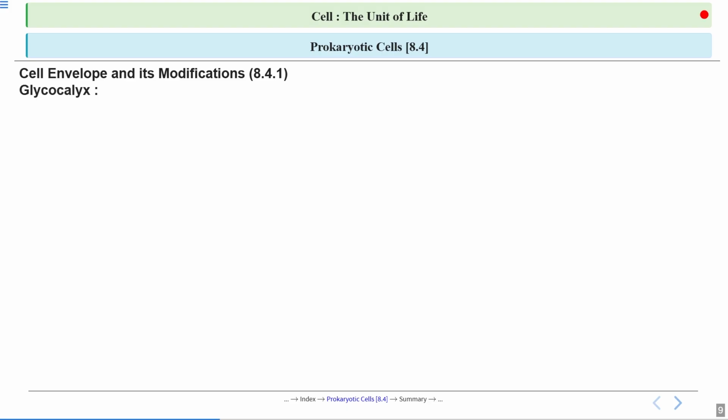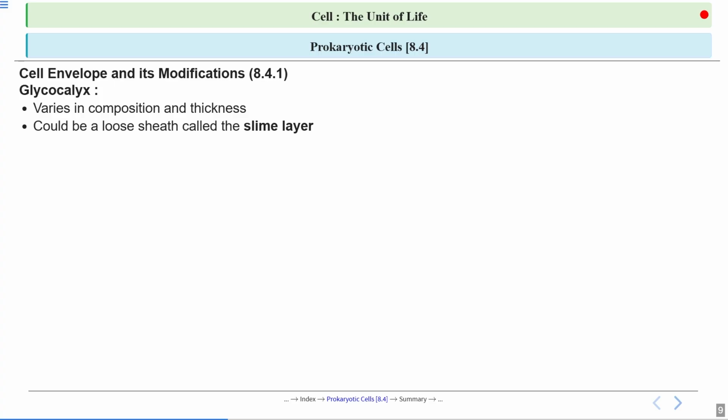Let's talk about the glycocalyx first. It varies in composition and thickness. It can be made up of polysaccharides or polypeptides. Now if the glycocalyx is in the form of a loose sheath, then it is called a slime layer. But if the glycocalyx is thick and tough, it is known as a capsule. In the previous image, I showed you the capsule.